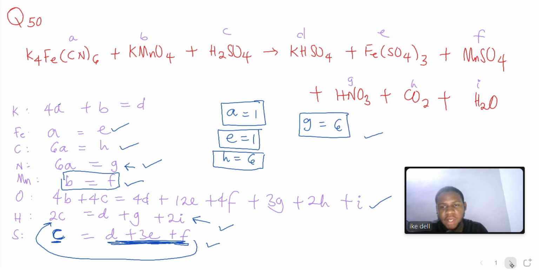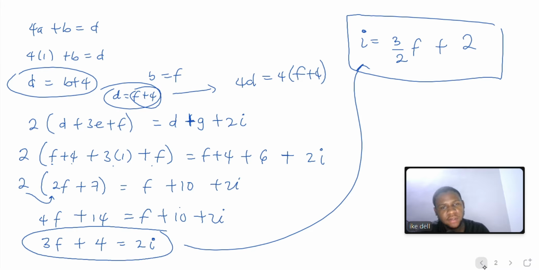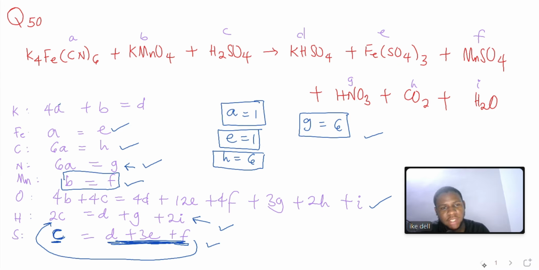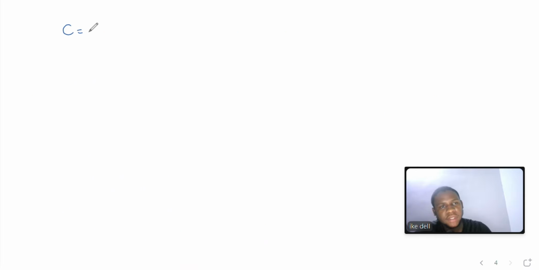So let's see if we can use that. Hopefully we don't just work in circles, because that's the only thing I wouldn't like. Alright, so we said c is d plus 3e plus f.